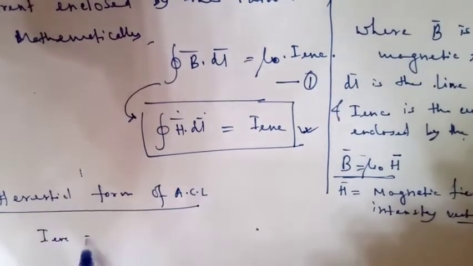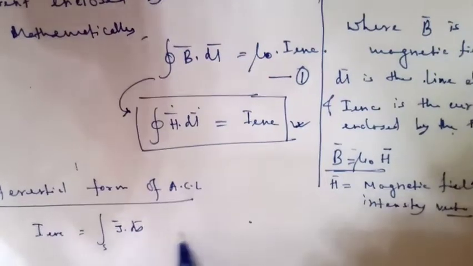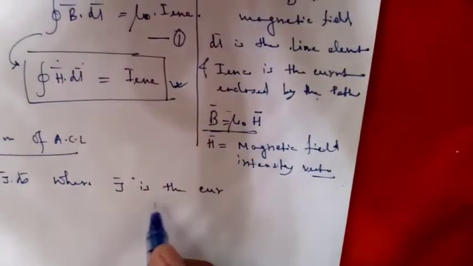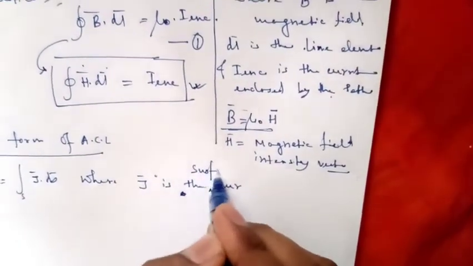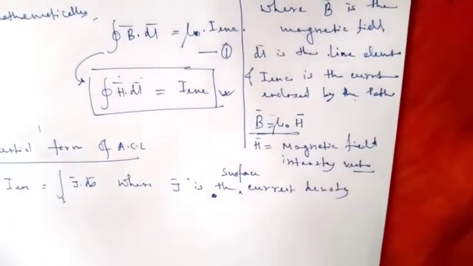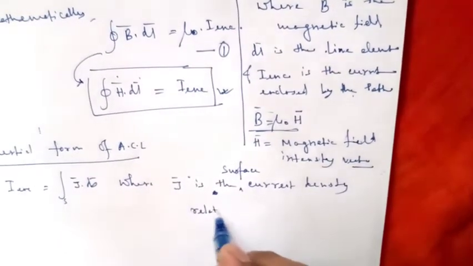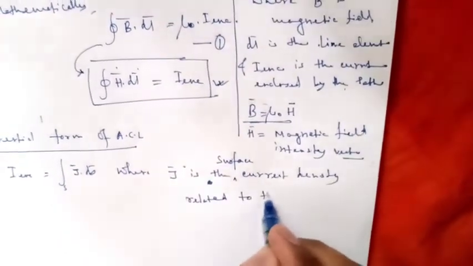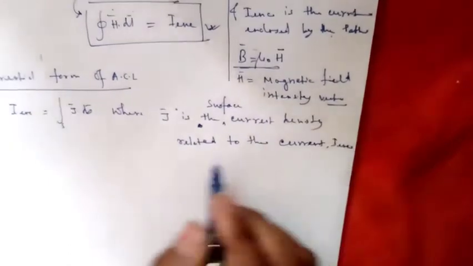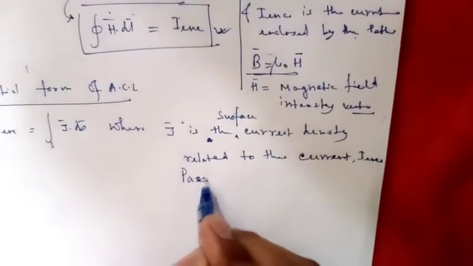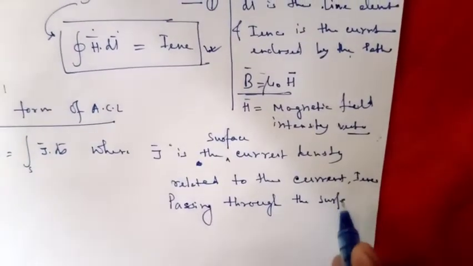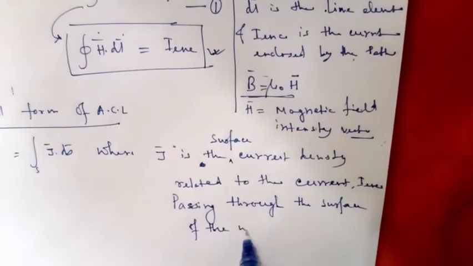Current I enclosed can be written as surface integral J dot ds, where J is the current density, that is surface current density, related to the current I enclosed passing through the surface of the wire.